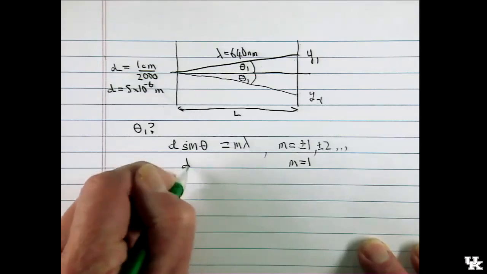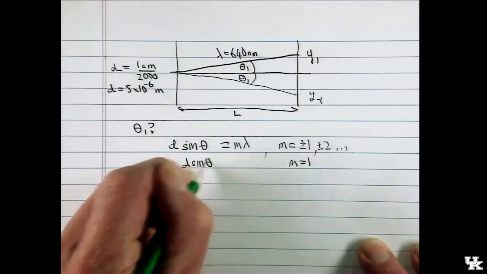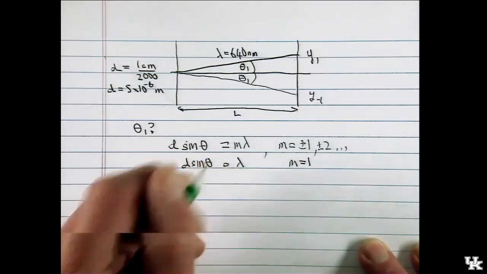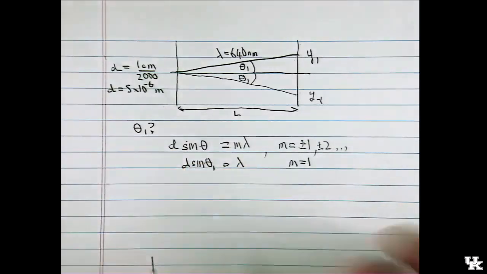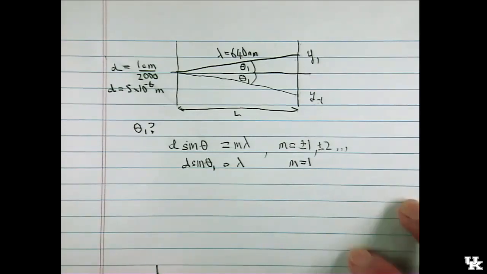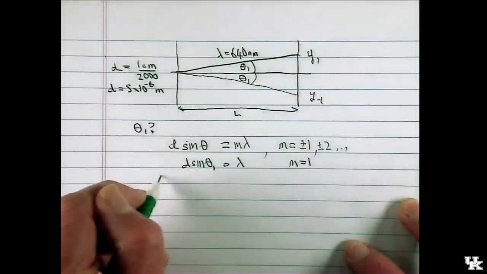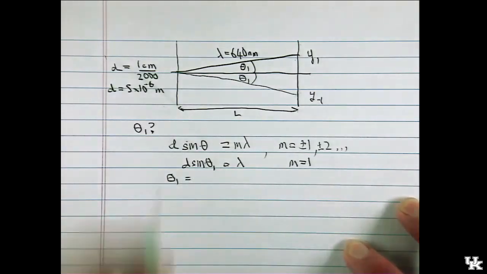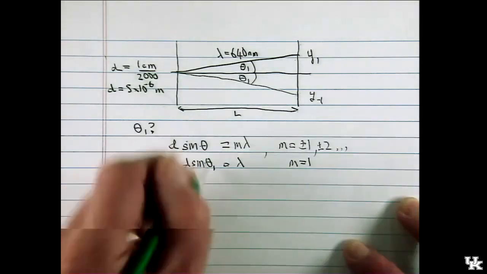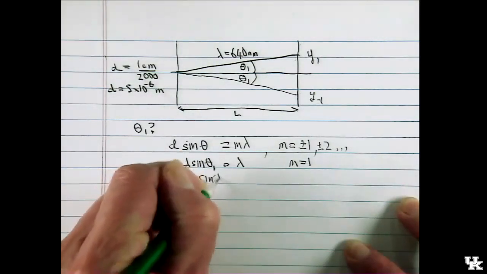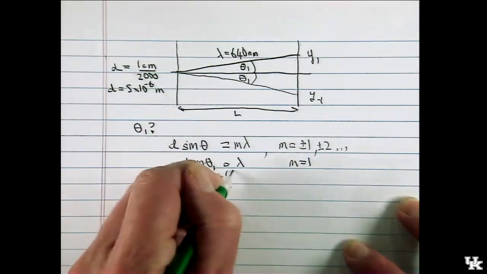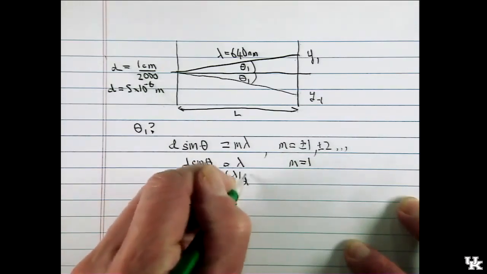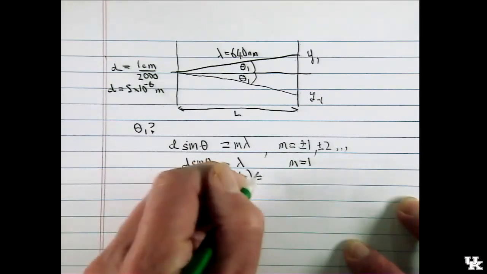And so our equation here is just going to be d sine theta equals lambda. I'll hang a little 1 subscript on my theta because I'm referring to the first order maximum. We want to rearrange this to find theta. So I'm going to divide by d, and take the inverse sine. And so we're going to get theta 1 equals inverse sine of lambda over d. And now I can just fill in the numbers.